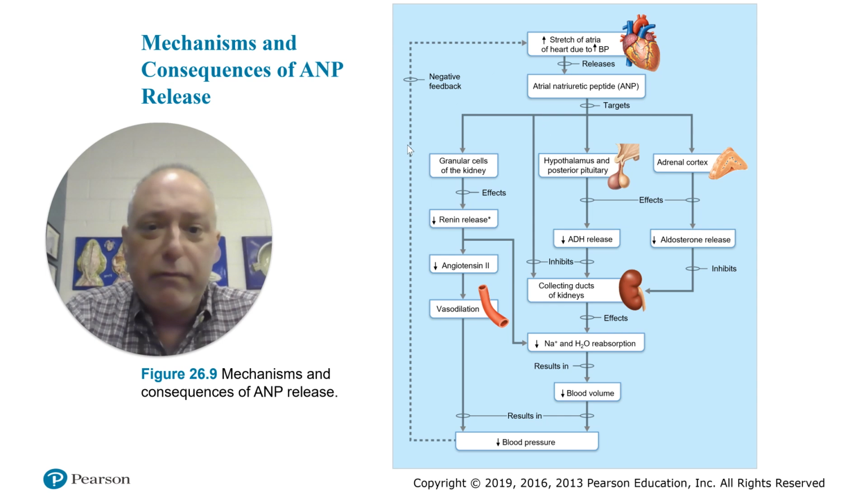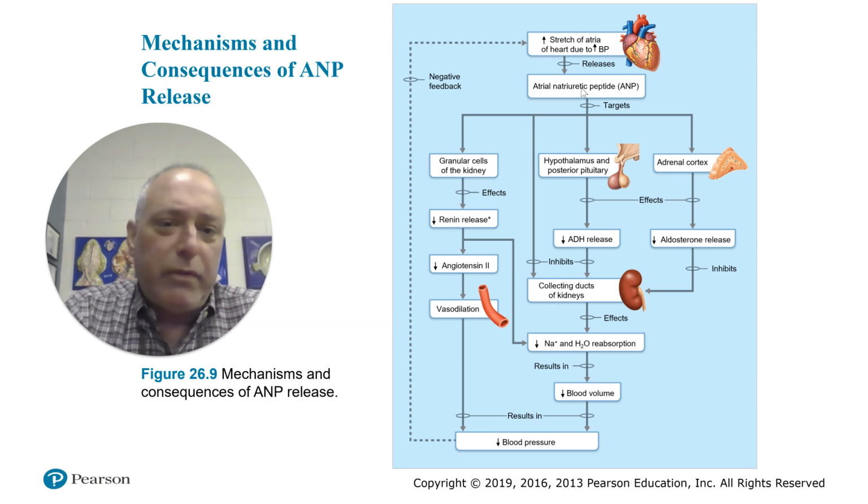These cells release renin. Renin activates this potent vasoconstrictor, angiotensin II. And so what ANP is actually going to do is shut off the renin system. It's going to shut off angiotensin II, leading to vasodilation, and that's going to decrease the blood pressure back to homeostatic levels.